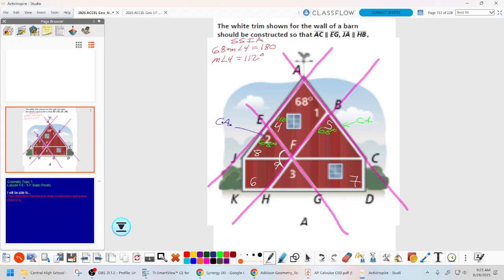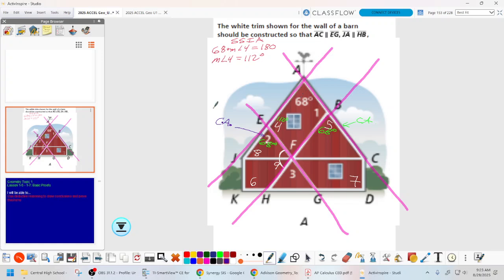Alright, and then how about 1? For now I don't care which angle you use, but what can you do with 1? Do you see how it is a linear pair with 5? That's one way. Same side interior with 68.